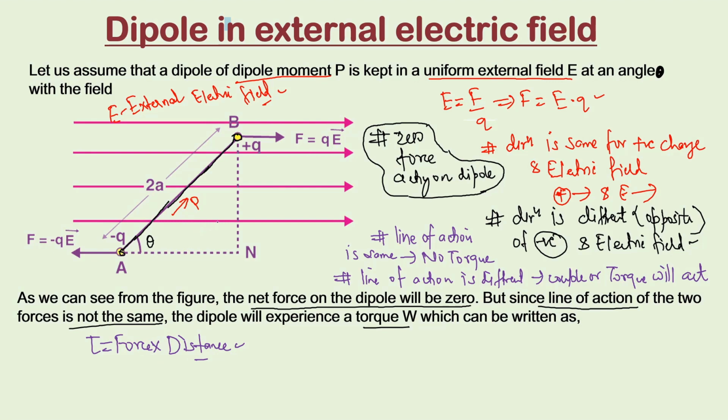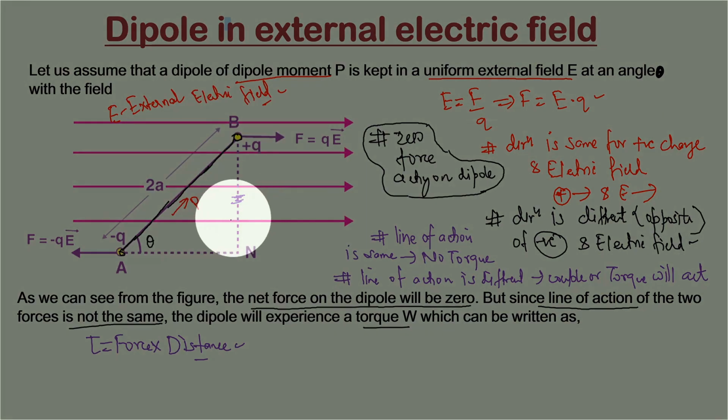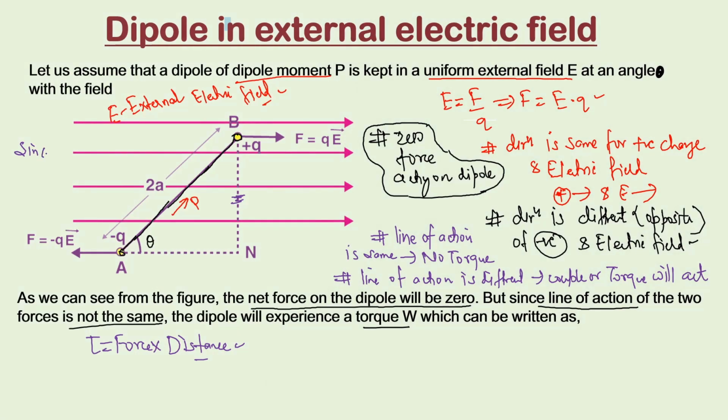In the given figure, Bn is the perpendicular distance. So by using some trigonometry, we will find Bn. As we know, sin theta is equal to perpendicular upon hypotenuse. Here the perpendicular is Bn and the hypotenuse is 2a, so Bn over 2a is equal to sin theta.